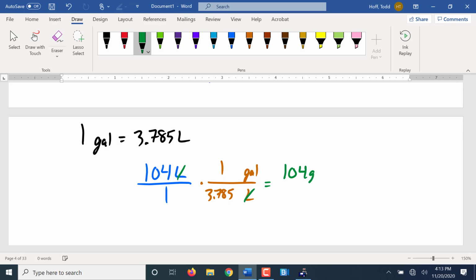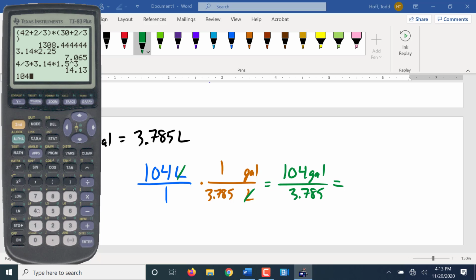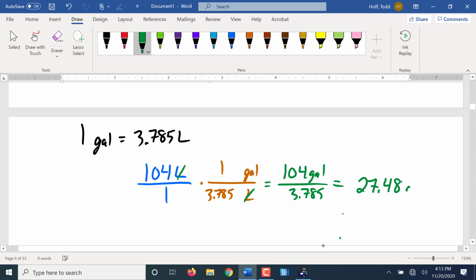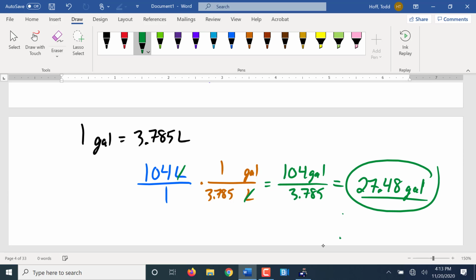So I've got 104 divided by 3.785, which is 27.48, we'd round it to. Gallons. Not terrible, but I mean, it's an ugly conversion. But you can see how much easier the metric system is to work with for those volume to capacity conversions.